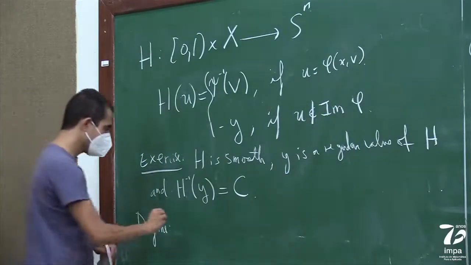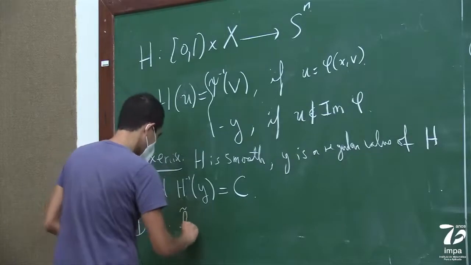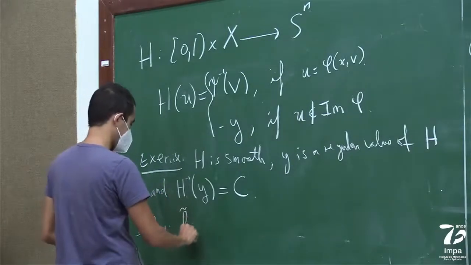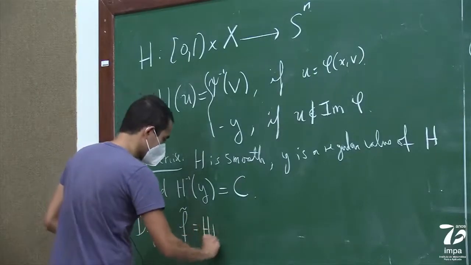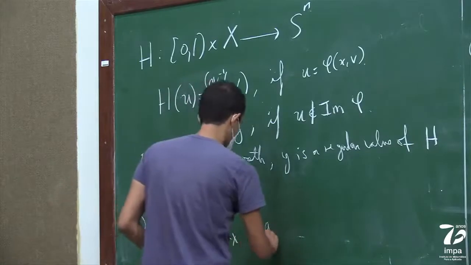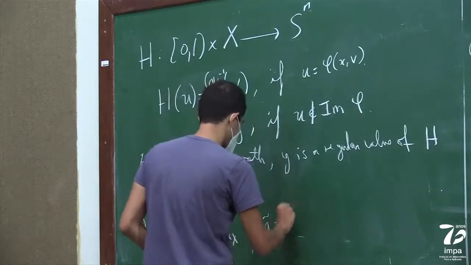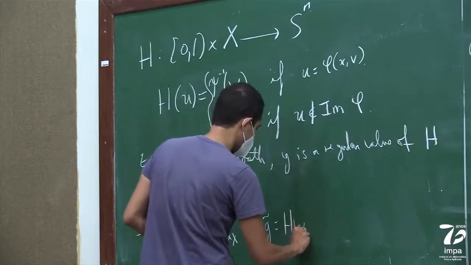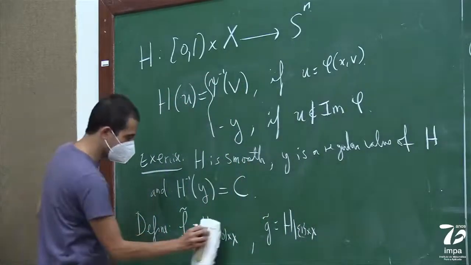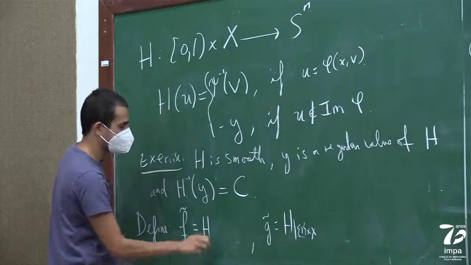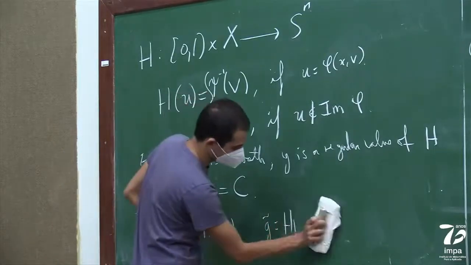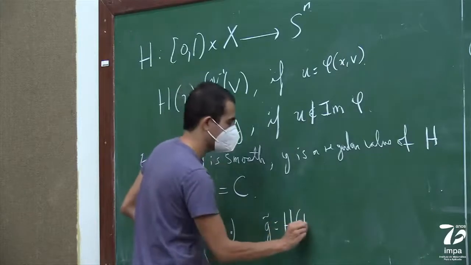And then you can define F tilde to be H restricted to 0 times X, and G tilde is H restricted to 1 times X. To be honest, maybe I should write it like this: H of 0, dot, and H of 1, dot.